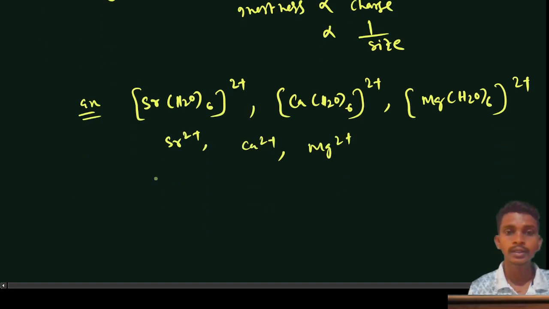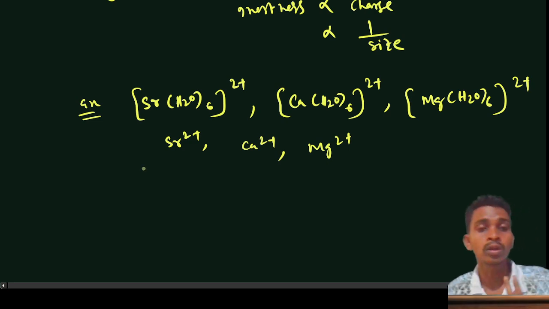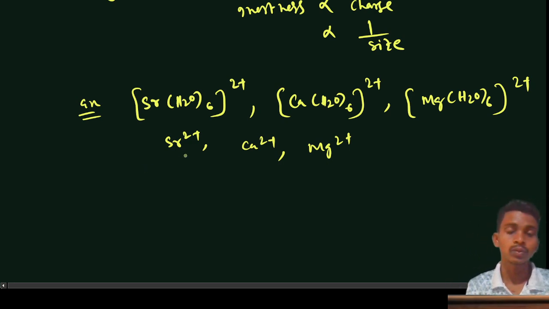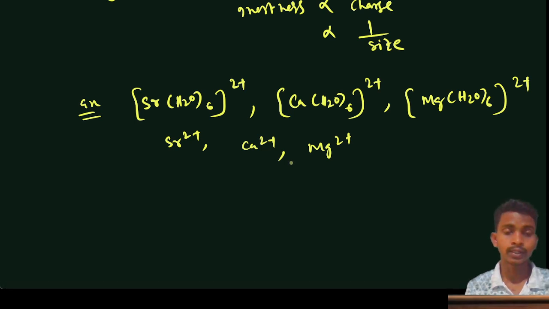So here we see that both are the case for non-transition metal complexes, but we will look at how many electrons are there. Okay, so here we see that calcium, magnesium, and sodium are all isoelectronic, so they have the same number of electrons.